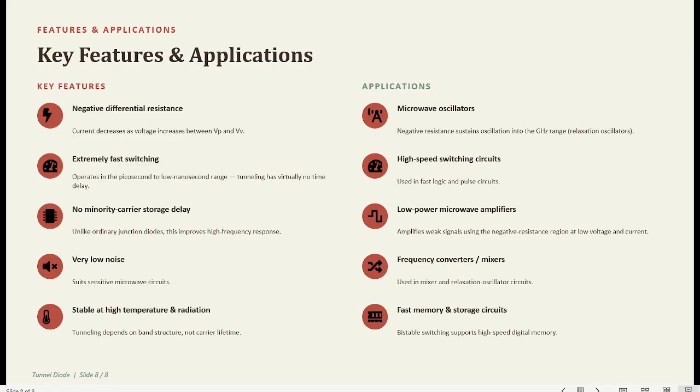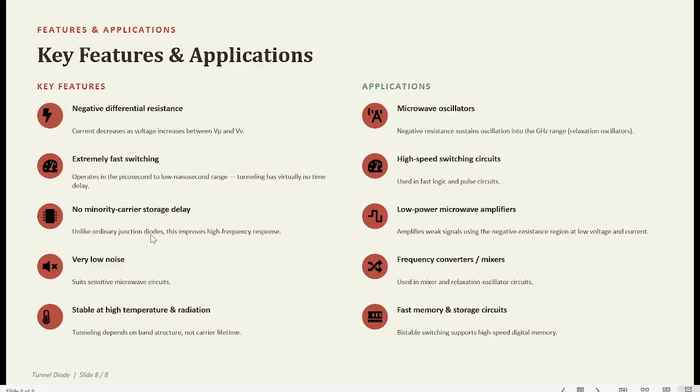Here, to sum up these things, the diode shows a negative differential resistance in the characteristics between its peak point and valley point. It has extremely fast switch-like operation, because its on-off switching time can be in the order of picosecond to low nanosecond range.